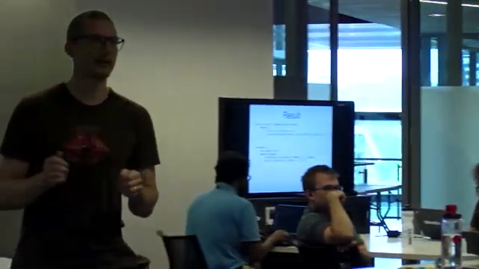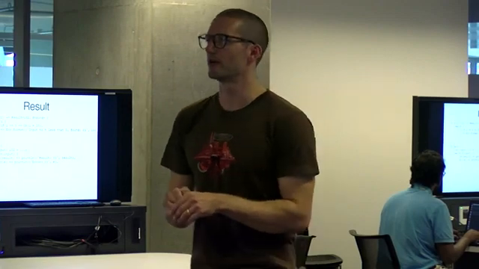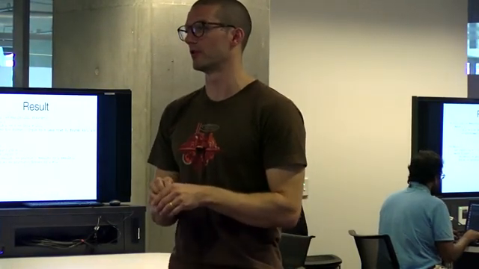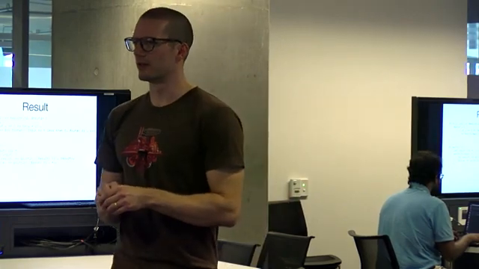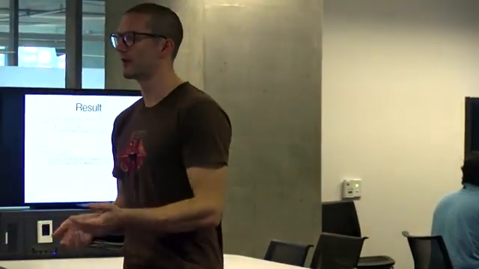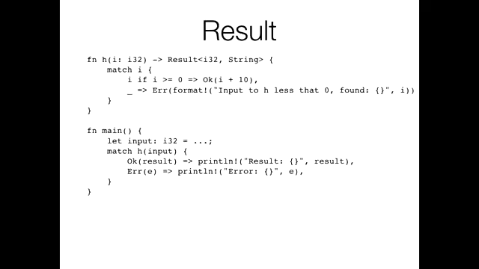Any other? Yep. Is there any significance to the exclamation mark? So the question is, is there any significance to the exclamation mark? Yes. An exclamation mark means that this is a macro usage rather than a function call. So print line is a macro, not a function, and whenever you use a macro, you have to use an exclamation mark. The reason for that is that there are things that a macro can do that a function call can't do.